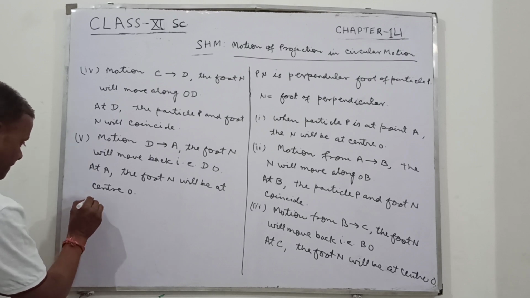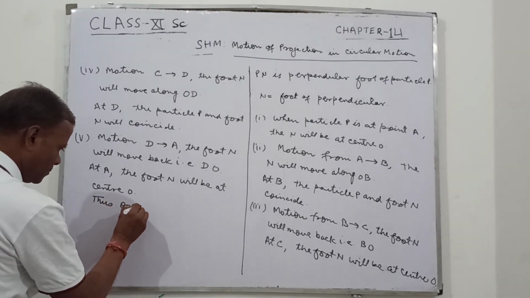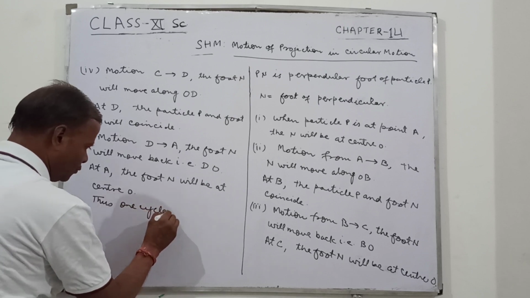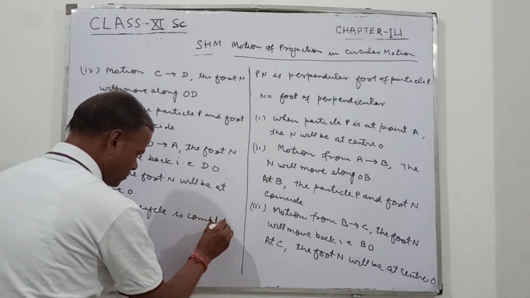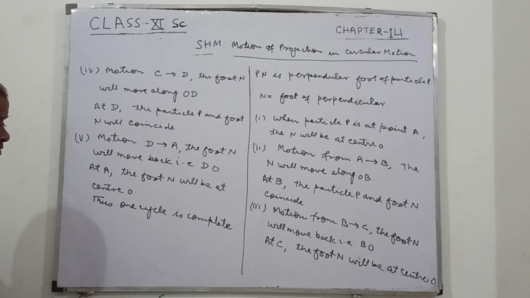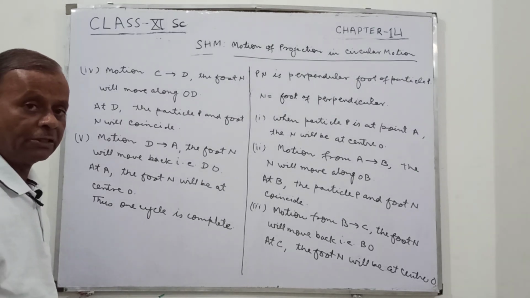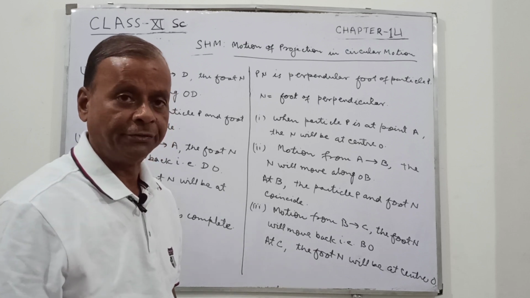Thus one cycle is complete. And we see that in one cycle, the foot N moves along the diameter BD.